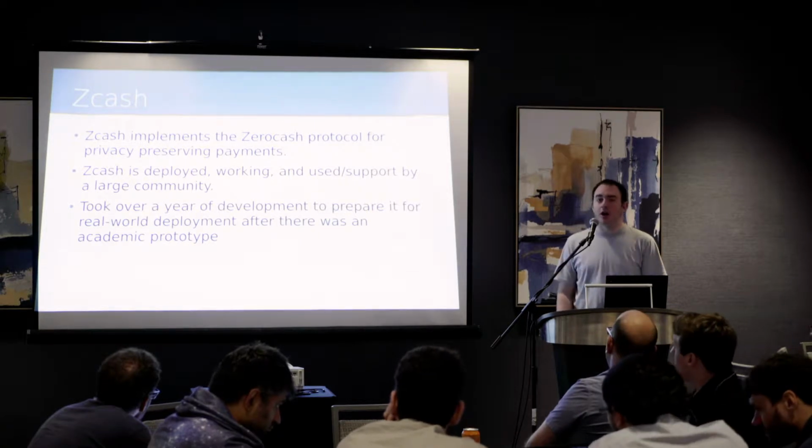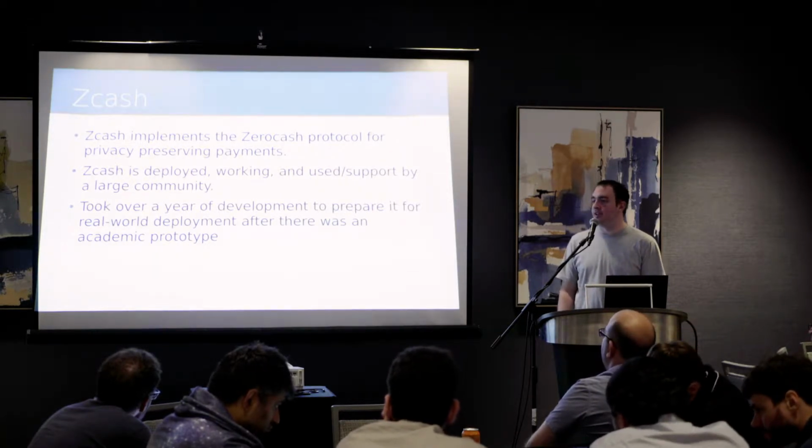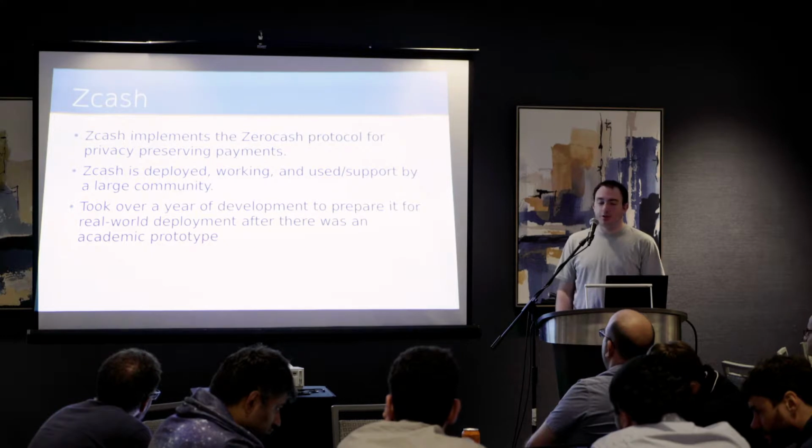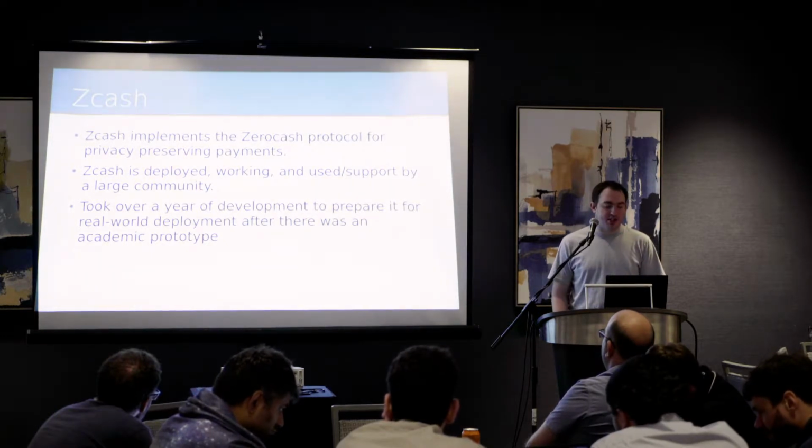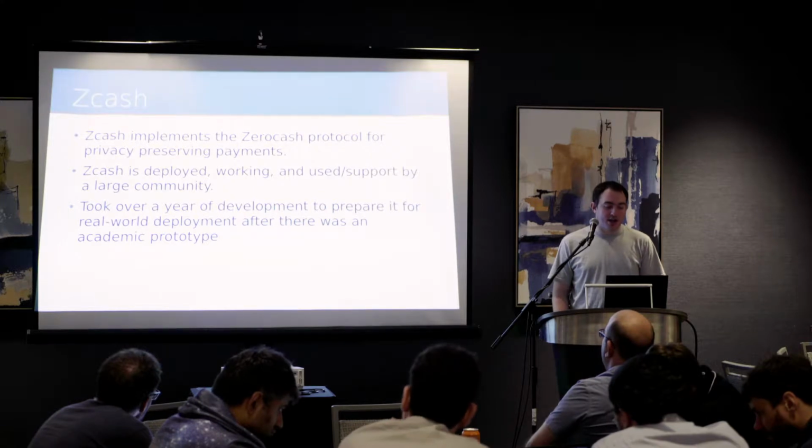So Zcash implements the Zerocash protocol, which is a protocol for private payments using zero-knowledge proofs. A year and a half ago we launched it, but actually it's been around for a lot longer.